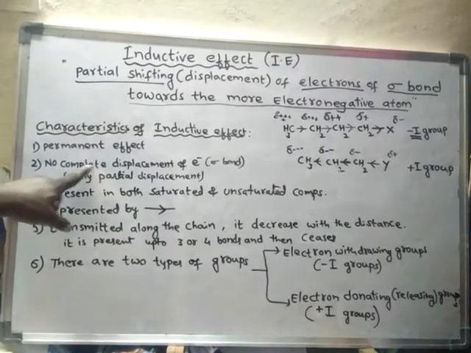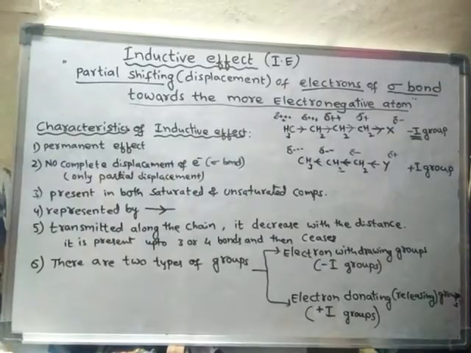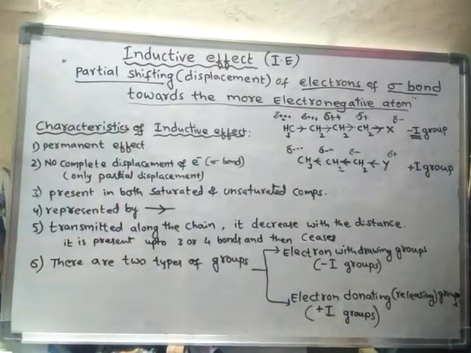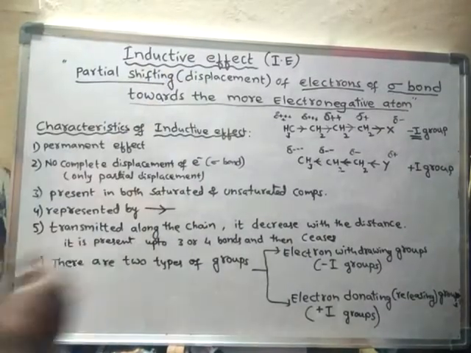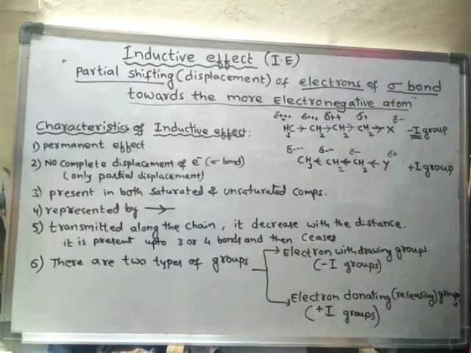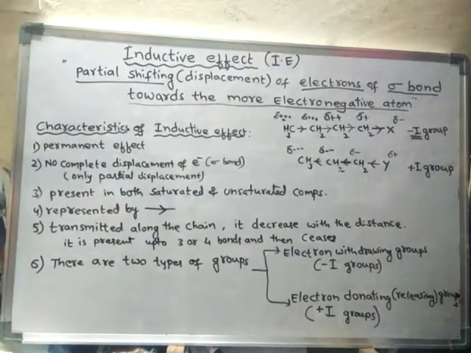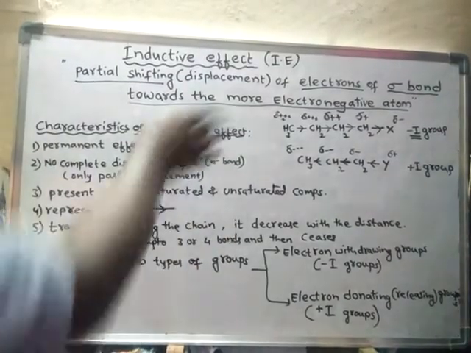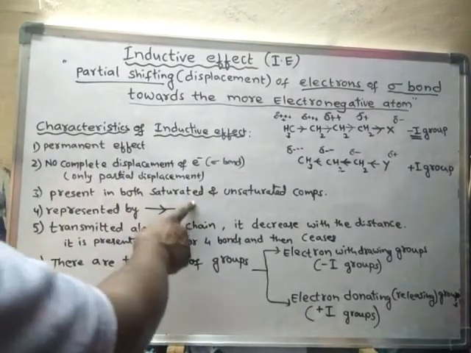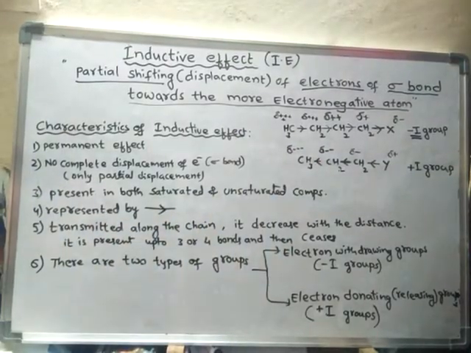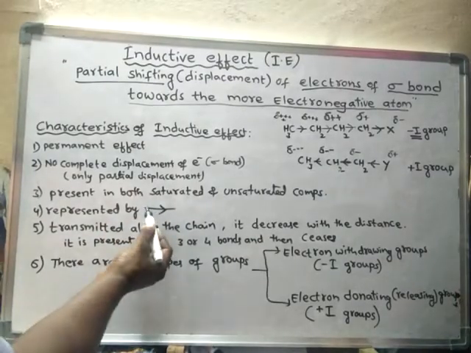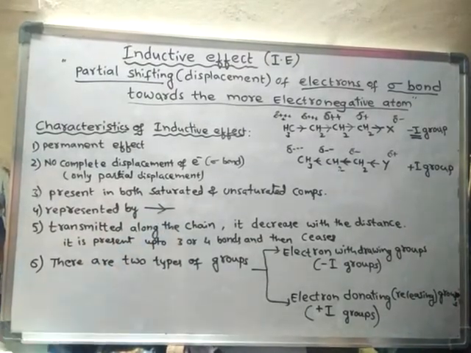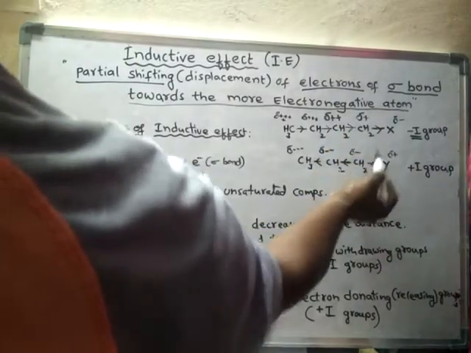Particularly, this inductive effect is operative only in sigma bonds. This effect is present in both saturated and unsaturated compounds also. The inductive effect is denoted by an arrow, like this.